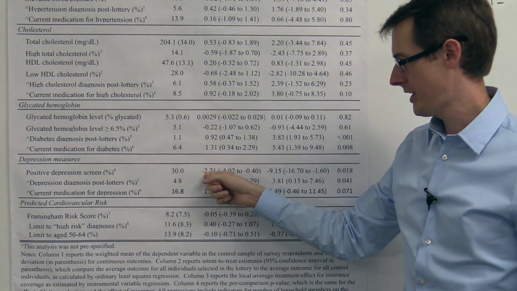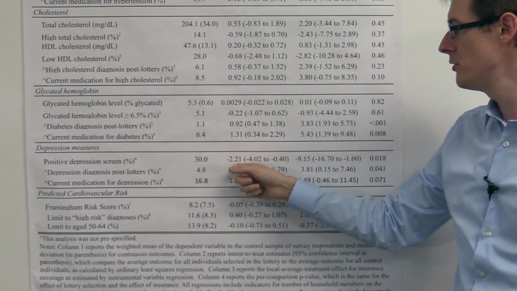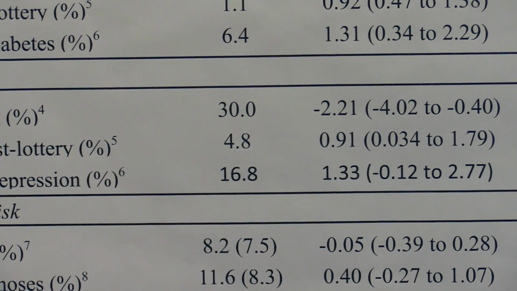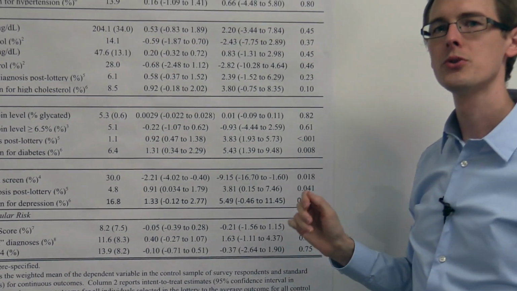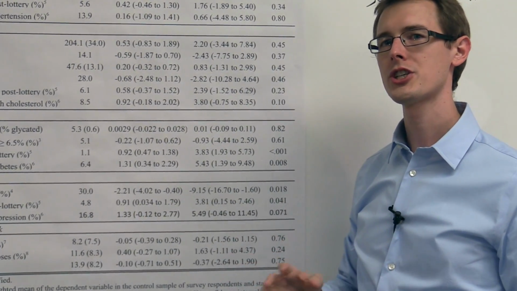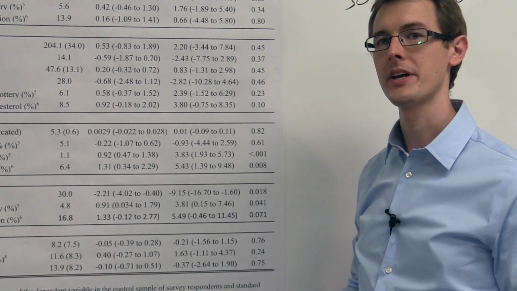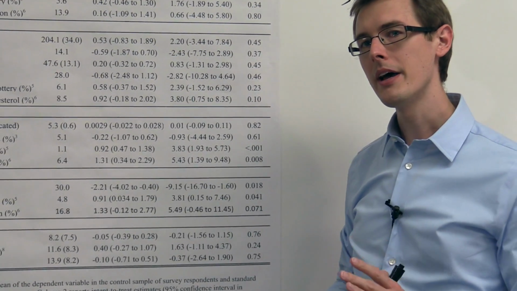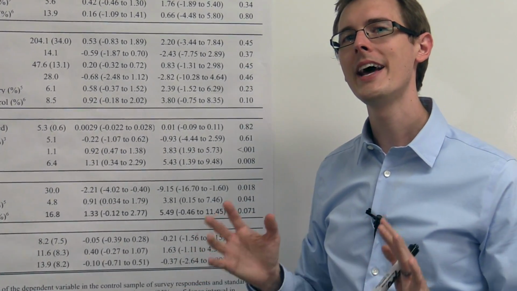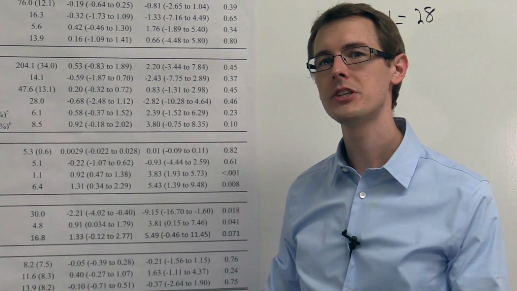So because this is an experiment, we know that this number here, this average treatment effect, minus 2.21, is a true causal effect, okay? We don't have to worry about confounders or a selection problem or anything like that because of random assignment. But we only have a finite number of people. We have to deal with the fact that we just gathered some data.